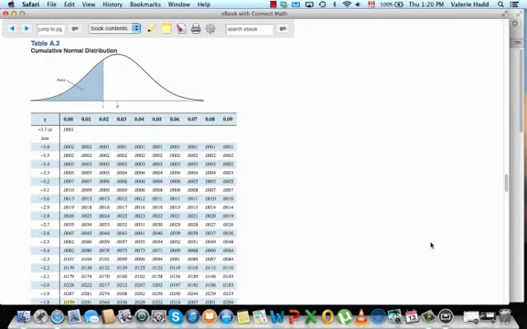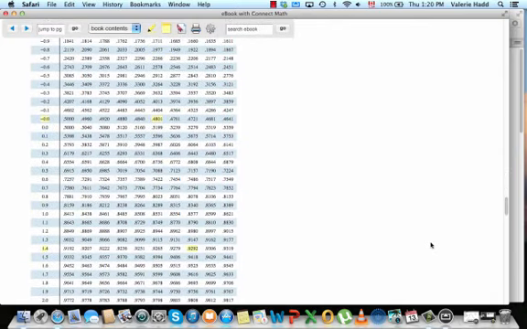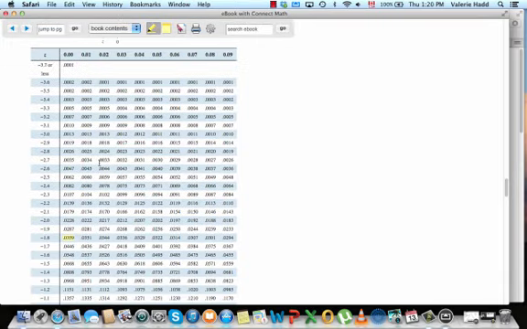Okay, so I'm looking for an area under the curve, so to the left of 0.7. So if I scroll all the way down and look here, the closest to 0.7 that I get is actually this one right here. So this corresponds to a z-score of 0.52.